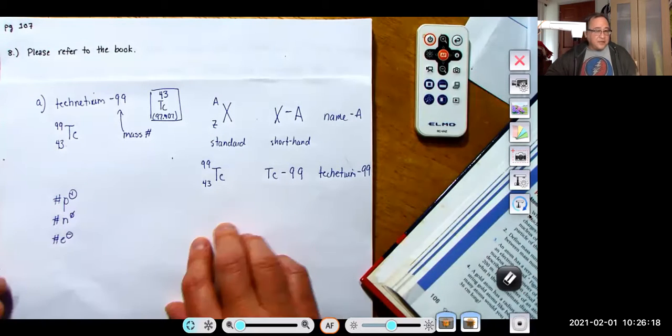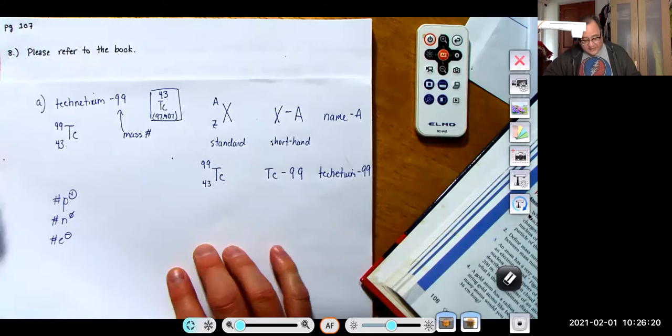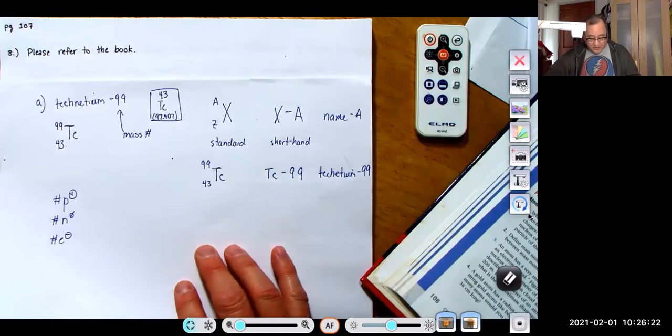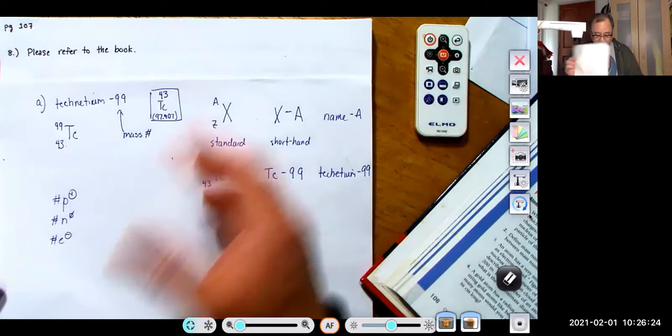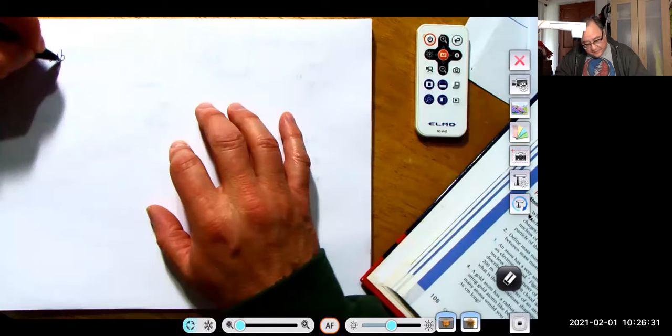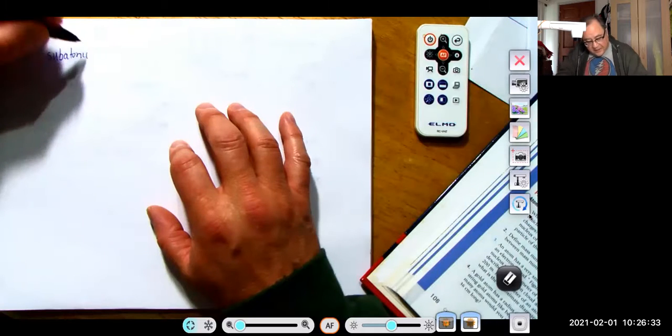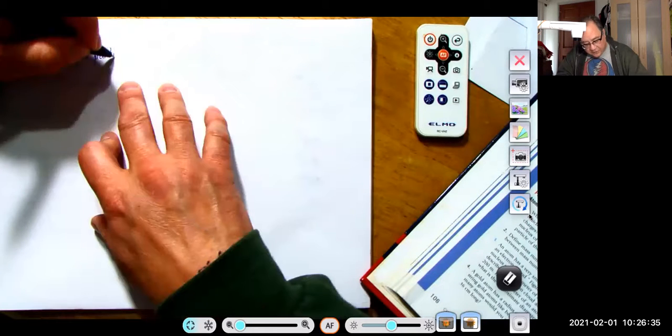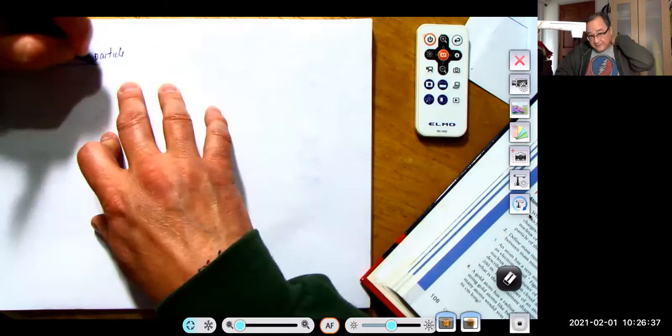Now, here's something that you need to understand about these three things. So I'm going to flip this page over so you can see what I'm about to write. These are called subatomic particles. And I gave this to you in the lecture, but I'm going to repeat it very quickly.